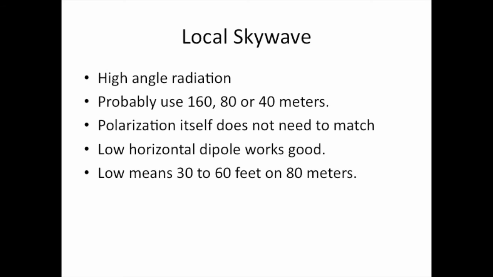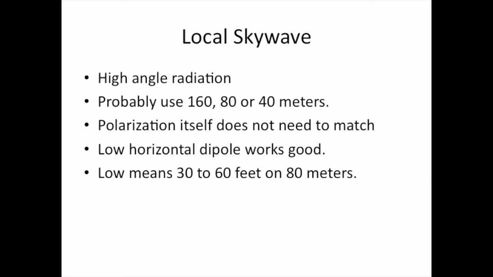Now I want to mention local skywave. Local skywave communication would require high angle radiation, probably 160, 80, or 40 meters. And now the polarization of the transmitting and receiving antennas do not need to be matched.